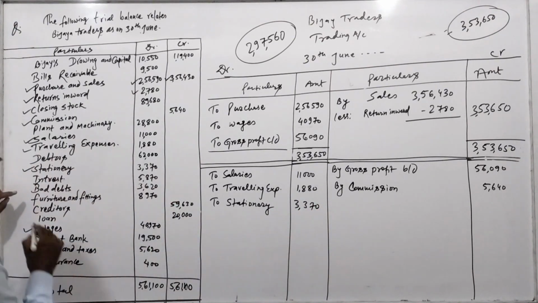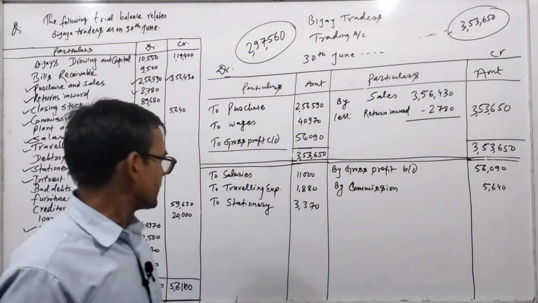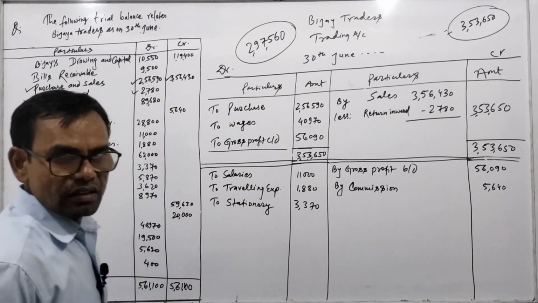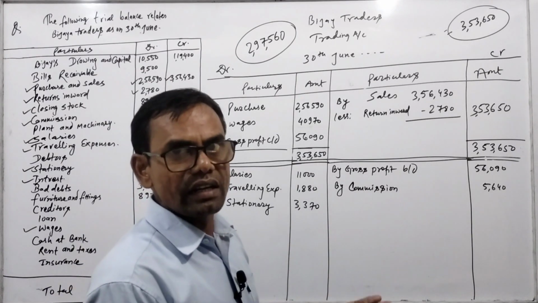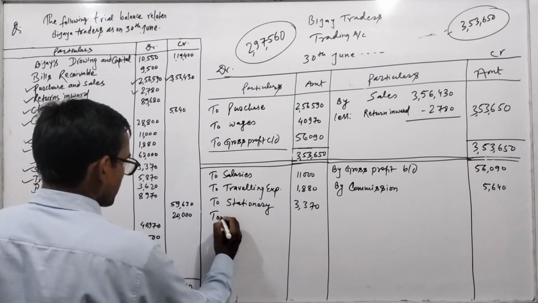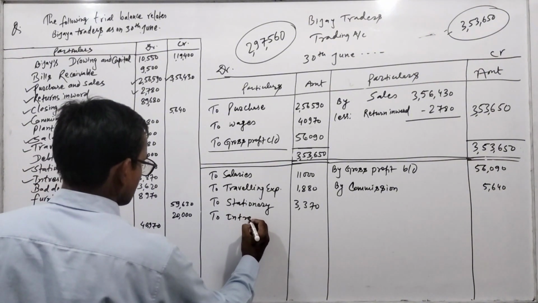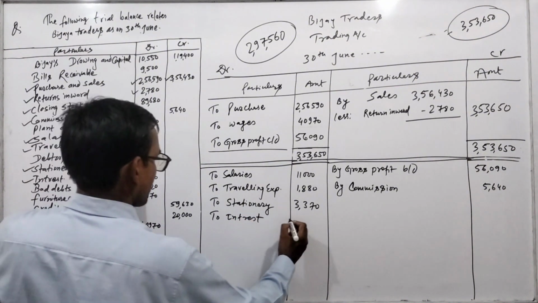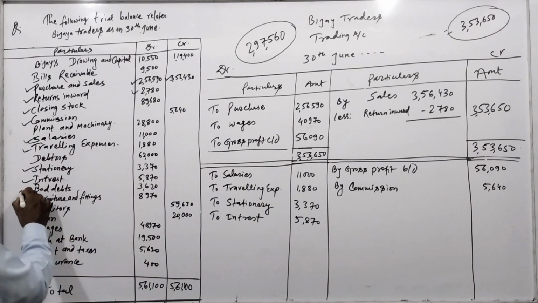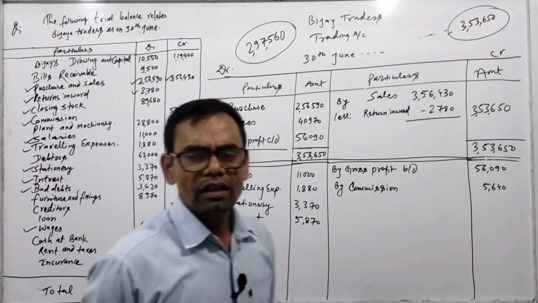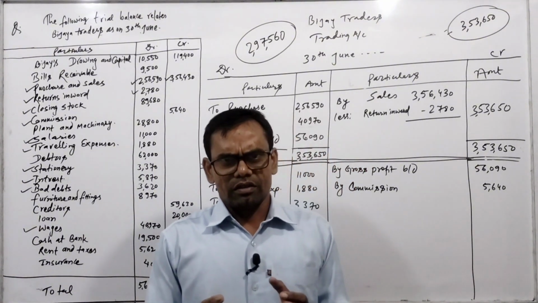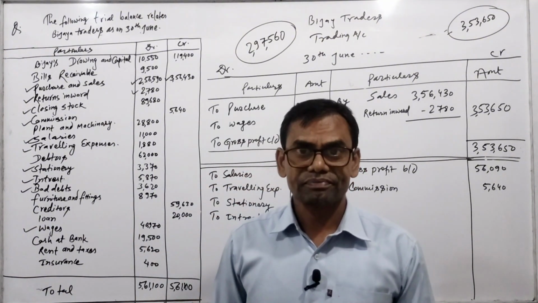Similarly, interest is expenditure, because it is here in the debit side, and if the interest is in the credit side, it becomes income. So you have to write here interest, that is expenditure, 5,870. Similarly, there is bad debt. Bad debt means the debt which is not expected to be recovered.